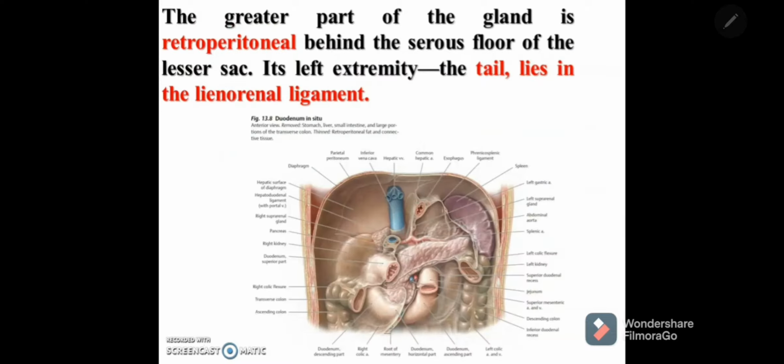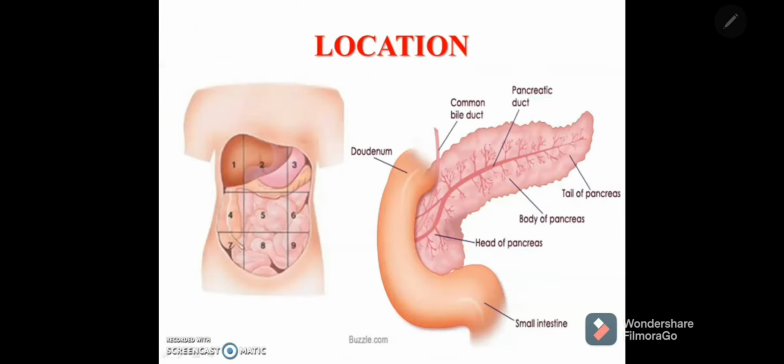You can notice here, the greater part of the pancreas is retroperitoneal except the tail. It lies within the lienorenal ligament because it is related to the hilum of the spleen. So location we have seen here, it is located in the posterior part of the epigastrium and the left hypochondriac region.